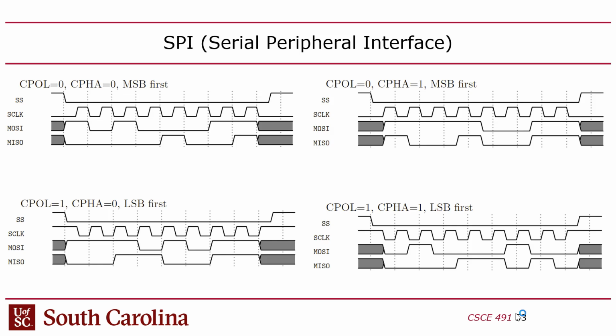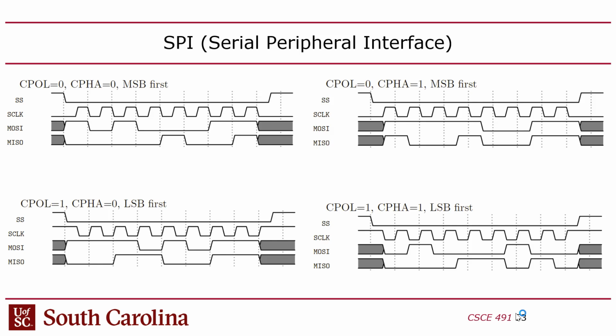If you count the number of edges, in both cases, it's actually 8. If I go from rising edge, 1, 2, 3, 4, 5, 6, 7, 8. 8 rising edges, 8 falling edges when CPHA is 1. There's also 8 rising edges and 8 falling edges when CPHA is 0. So it doesn't change the number of clock ticks or the clock pulses or the number of edges. They all stay the same.